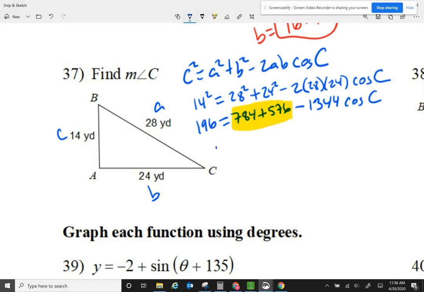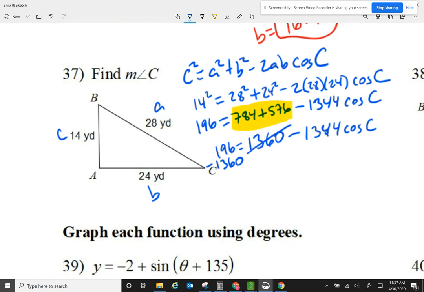So I have that 196 is equal to 1,360 minus 1,344 times cosine of C. Let me subtract 1,360.